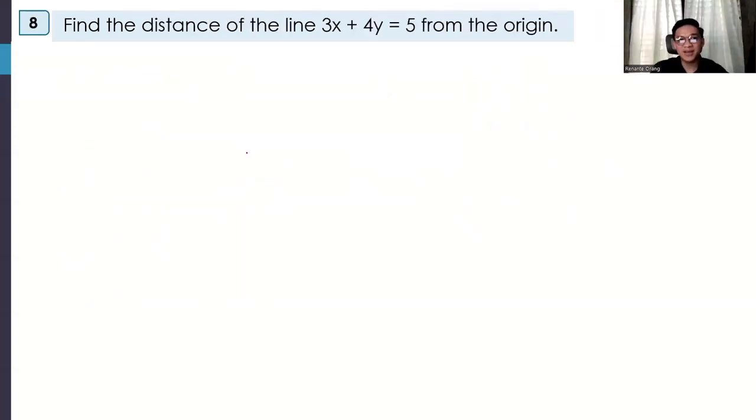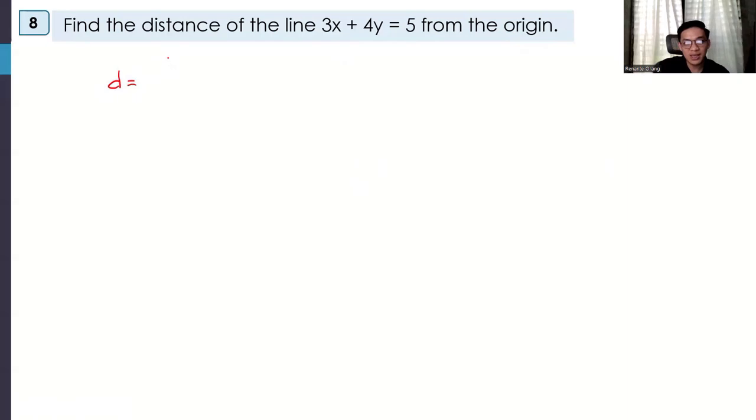Number 8. Find the distance of the line 3x plus 4y is equivalent to 5 from the origin. So, what we will use here, class, is the distance formula from a line to a point. Or, from a point to a line.